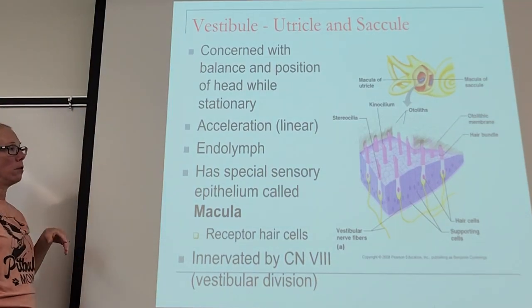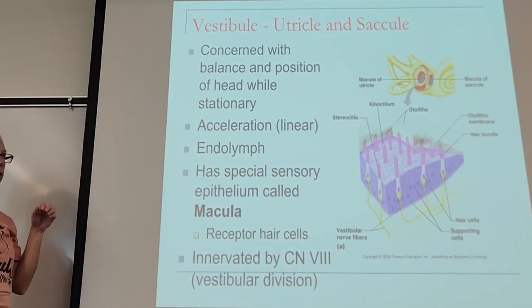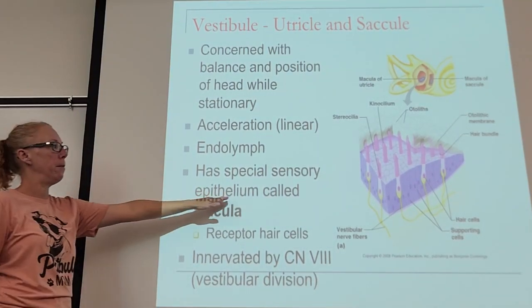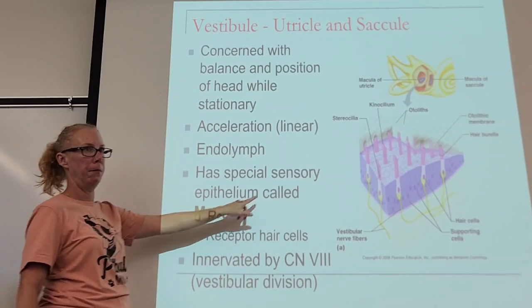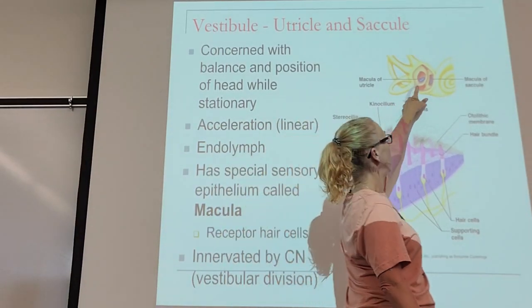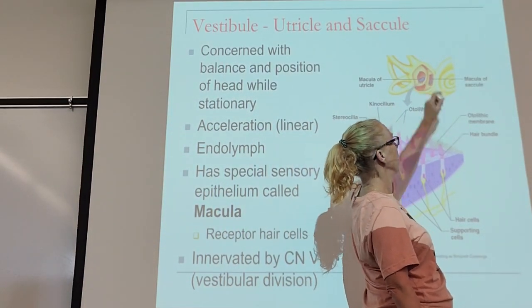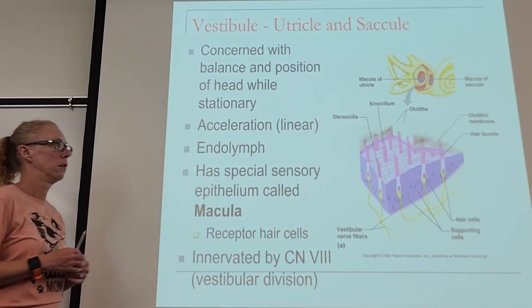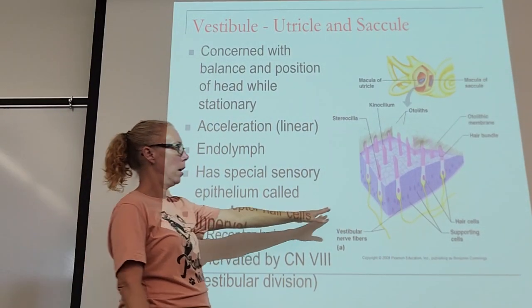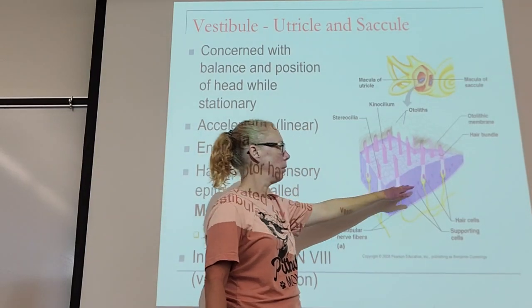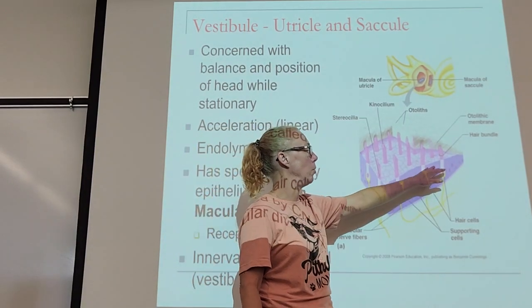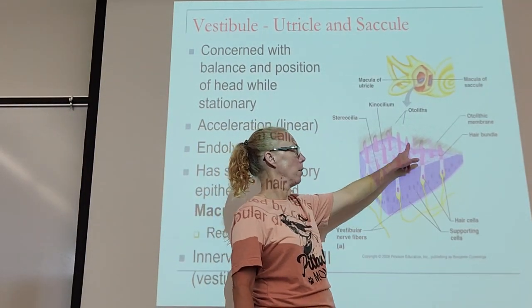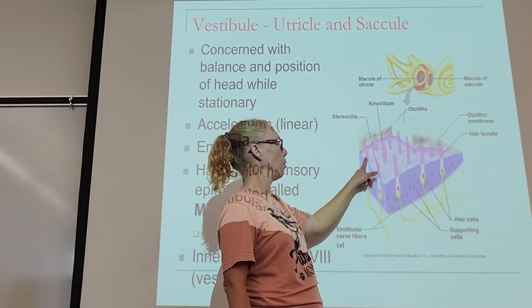Each one of those, the utricle and the saccule, has special epithelium called the macula. This little purple glob in each one is the macula. The macula is specialized epithelial tissue that has hair cells that come out from its apical surface.